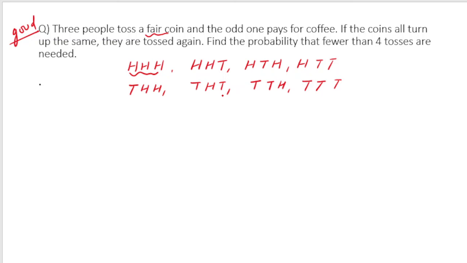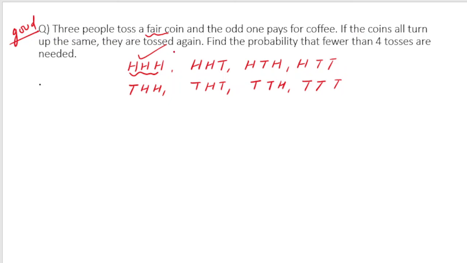Odd one pays for coffee, meaning what is the probability of success here? If 3 people are tossing a fair coin and this one comes, we have to repeat the experiment again, because it is written that if all the coins turn up the same, they are tossed again.